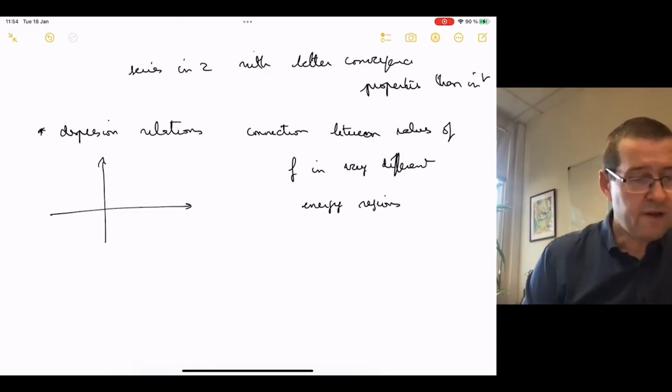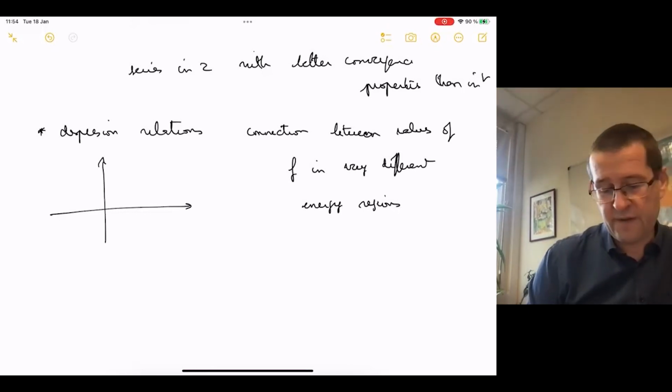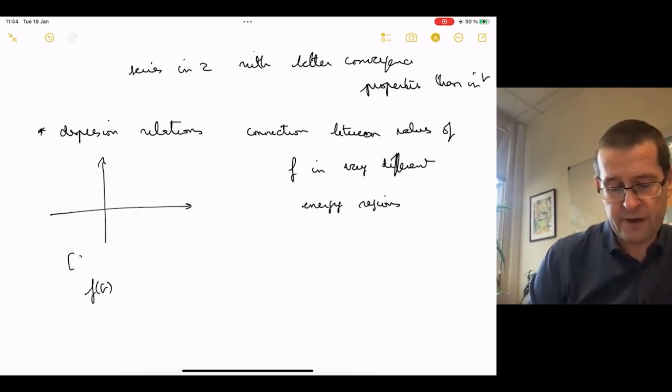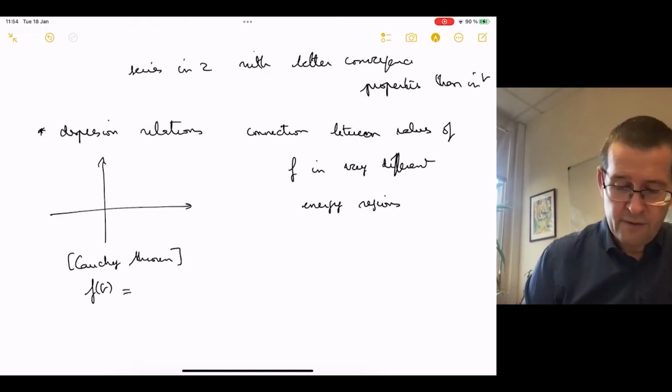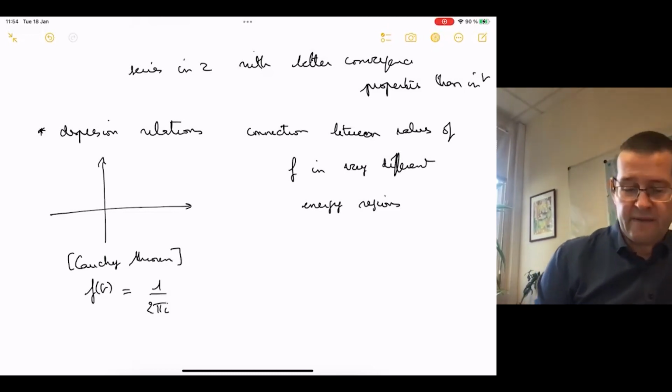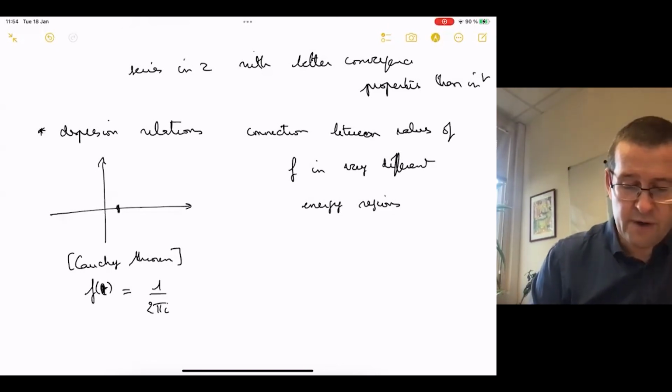So actually you can use Cauchy's theorem to determine the value of f for a value of t that is away from the cuts.